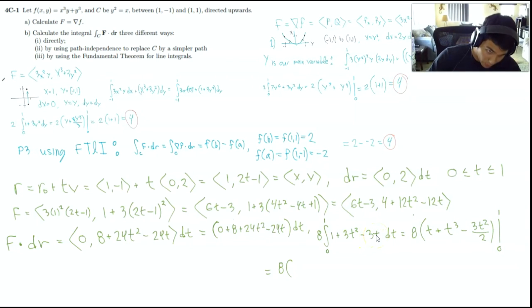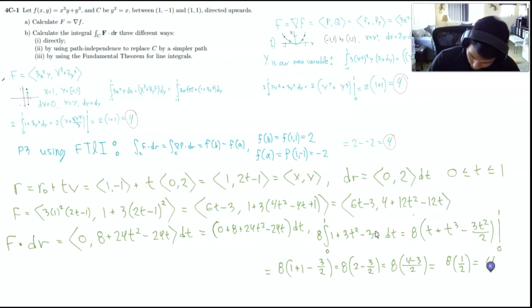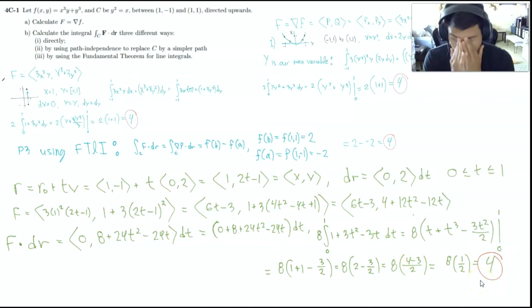So it would be 1 plus 1 minus 3/2, which is 2 minus 3/2, which is 1/2. Sorry, that math was really hard for me. 8 times 1/2 is 4. Oh, spoiler alert. Again, it's 4. Look at that.